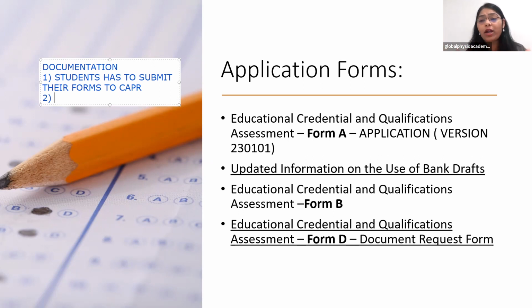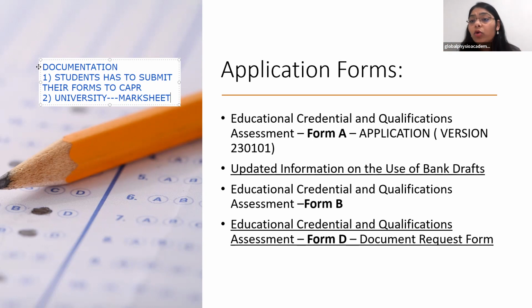Second, if you are from India, each country has different rules, but basically for India, it is the university. If you have done your college and that college is affiliated to some university, that university has to send the mark sheet. Some documents, that is the mark sheet and academic records, have to be submitted to the CAPR through the university.